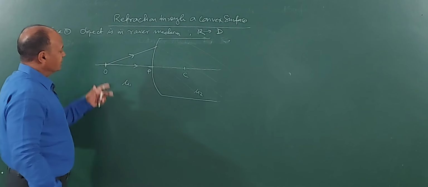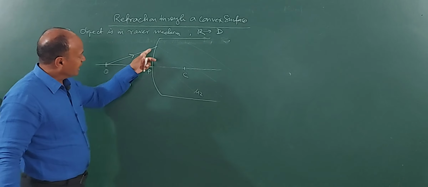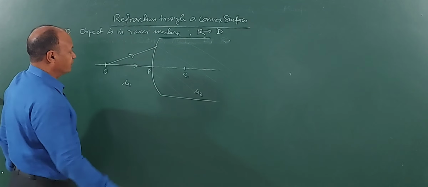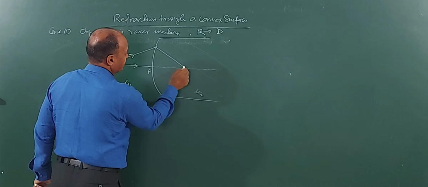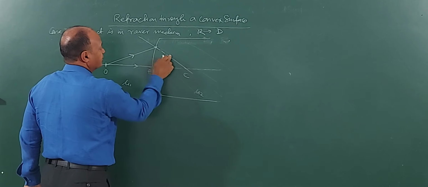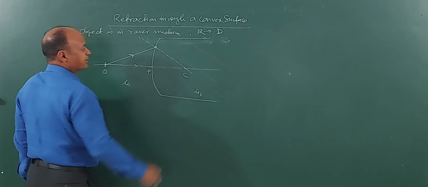Now see children, this is the incident ray, the second ray, and I taught you the trick. I will have to know the normal at this point, and for knowing the normal, what will I do? I will join it with the center of curvature here. This is the normal. I will make it dotted. Okay, so this is normal.